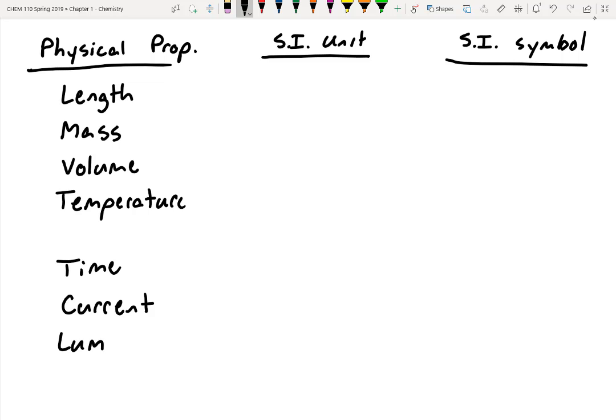We've got something called luminous intensity. And last but not least, we've got amount. So these are the main physical properties that we have units for. There's other properties that we measure, like density, but density is really just a combo of some of these, right? So they're just offshoots of these base SI units.